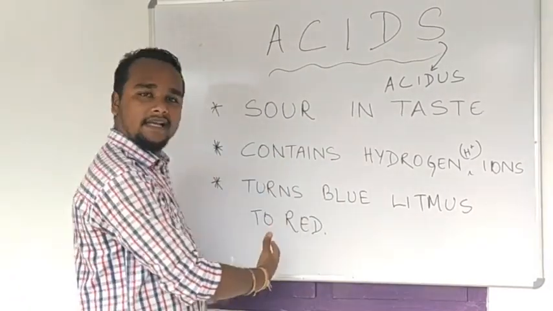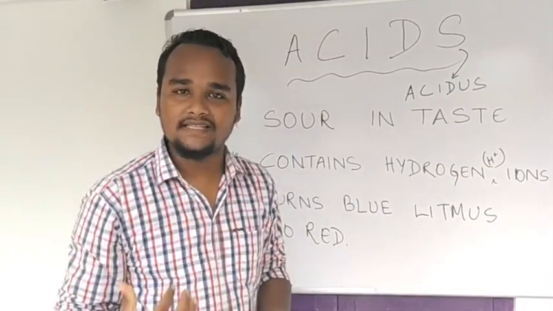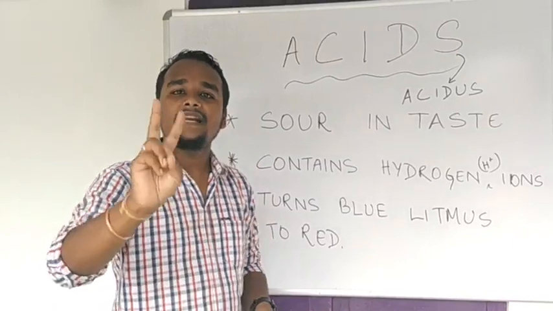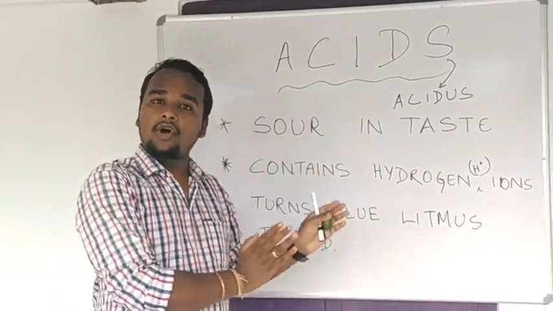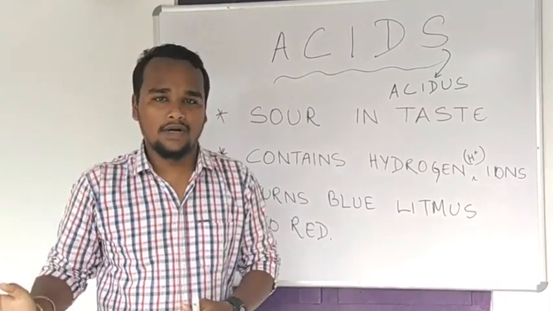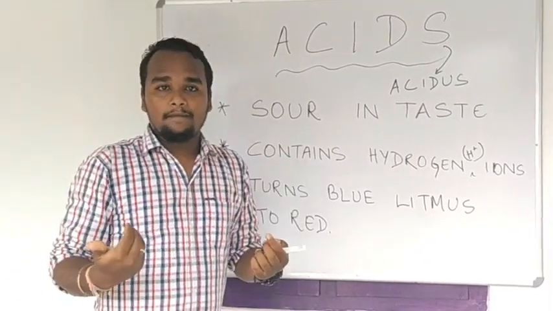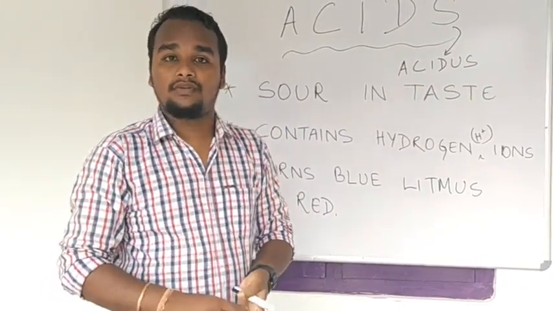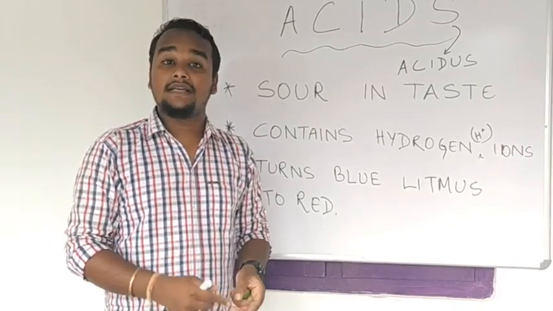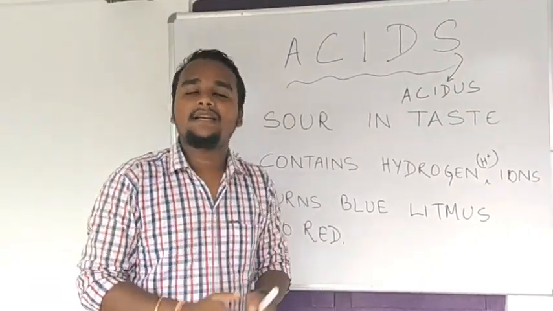What I have explained here are the initial properties of acids. Basically there are two different kinds of acid. One is a very strong one, another one is a weak one. We can tolerate the weak one. The statement I am going to say now is a very interesting one. Some of you know it, but some of you don't.